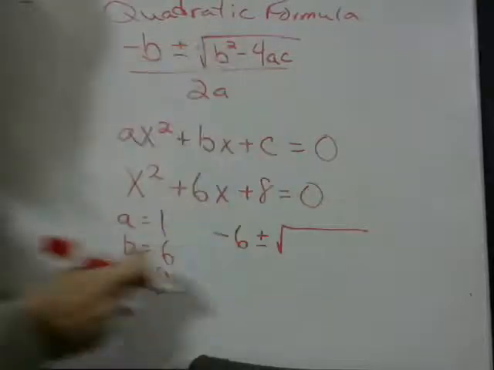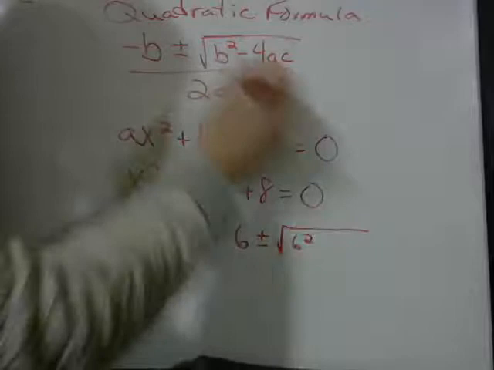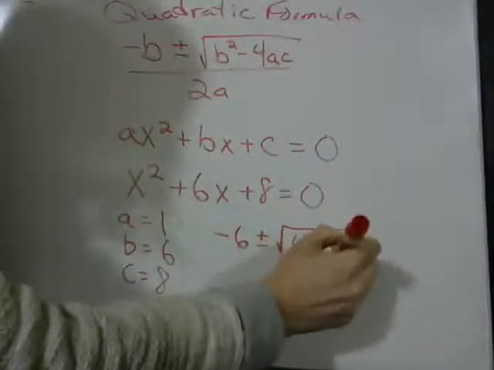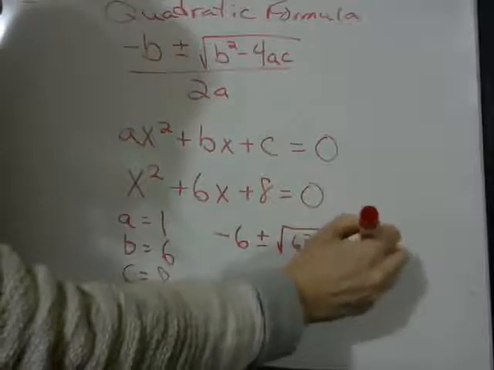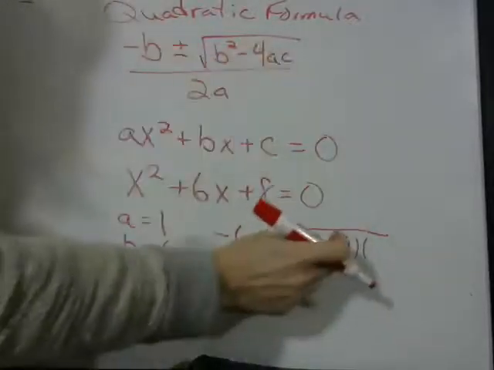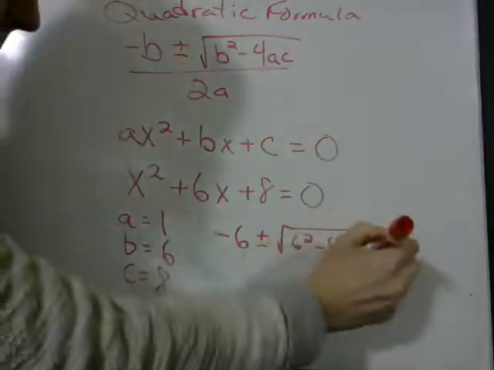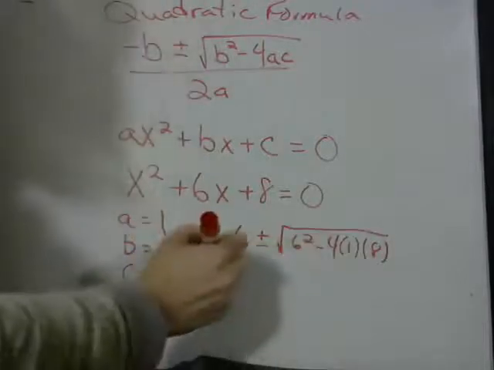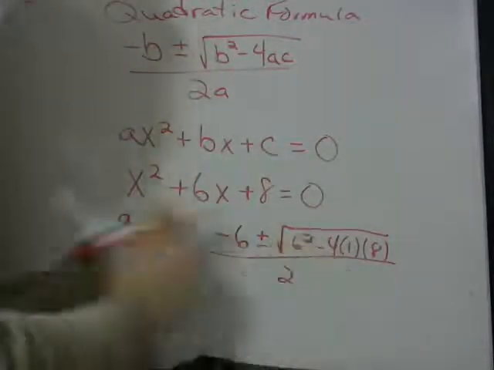B squared, so that's 6 squared, minus 4 times a is 1. Remember when we write things in parentheses that means multiply. 4 times a, 4 times 1, times c. c is 8. All divided by 2 times a. a is 1.